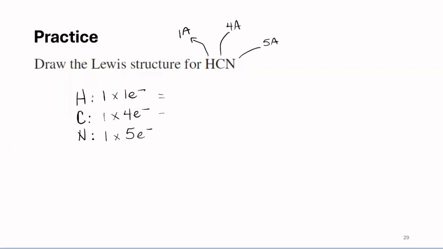When I multiply the digit that came from the subscript by the number of electrons, hydrogen is contributing 1 electron, carbon is contributing 4 electrons, nitrogen is contributing 5 electrons. So there's a total of 10 electrons in this system.